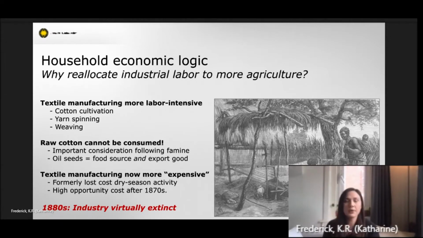As a result, the cotton textile industry is basically abandoned by the 1880s. And we see agricultural production taking up essentially the majority of the year in the lower Shire Valley from this point up until about the 1930s.